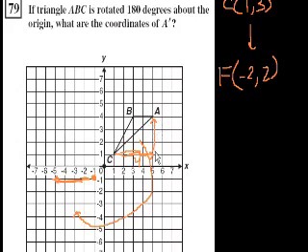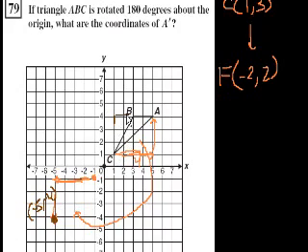And then instead of 3 up, you're going to go 3 down. So that's where A prime is going to be, right at that point. That's the point minus 5, comma, minus 4. And that's our answer. But let's figure out all of the other points.